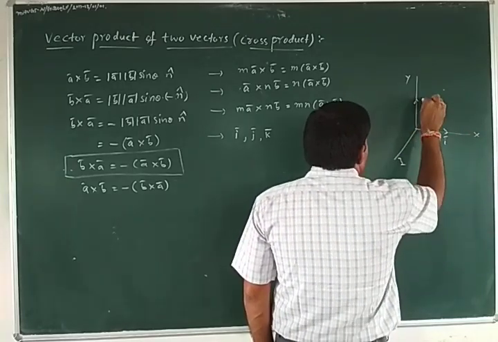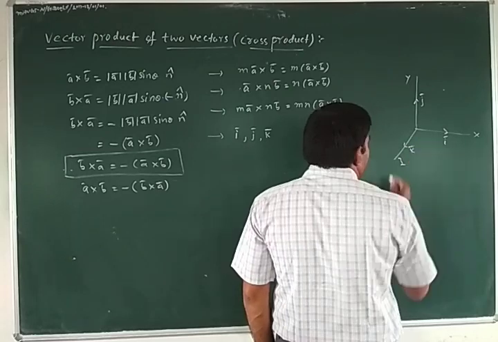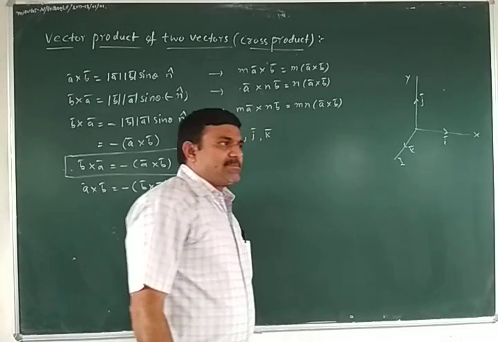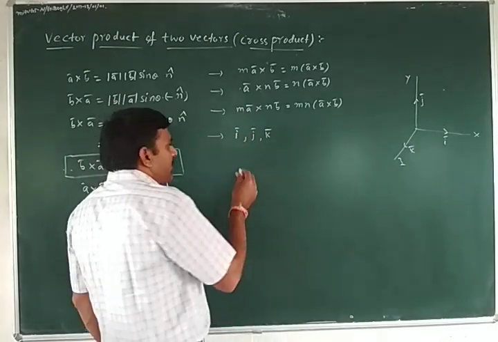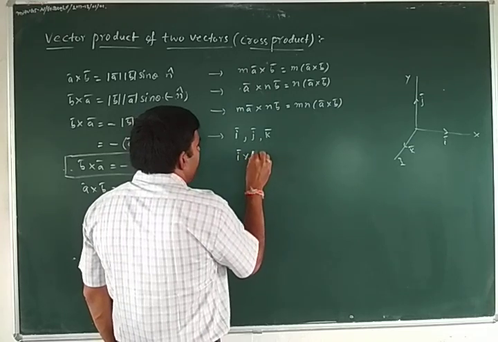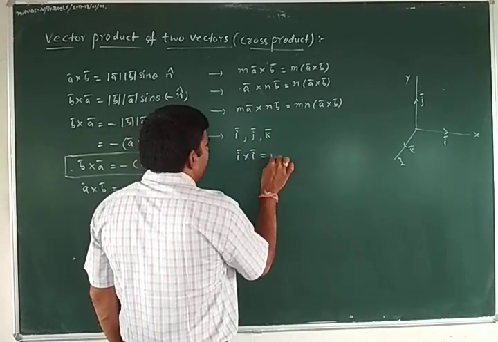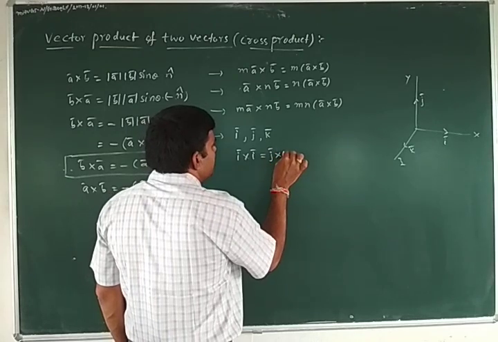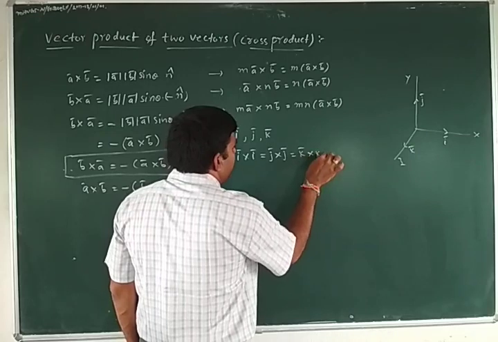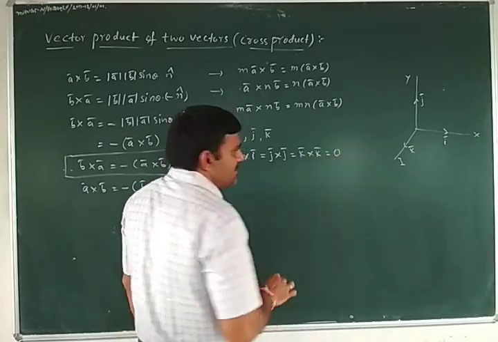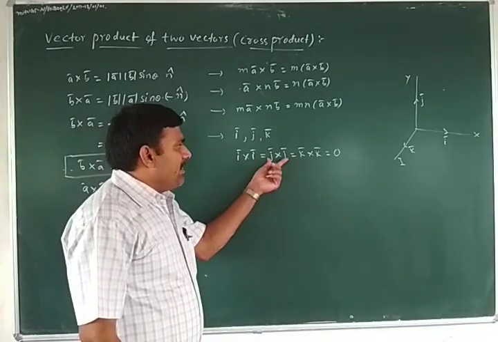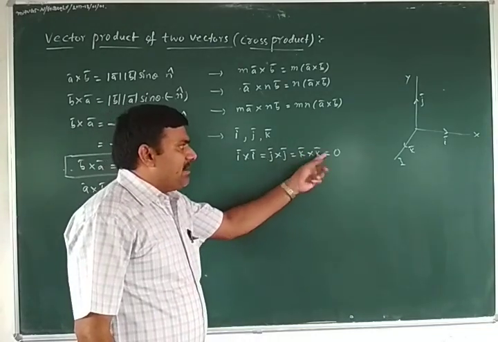Now from this, i bar cross i bar is equal to j bar cross j bar is equal to k bar cross k bar, and this value is 0. So i bar cross i bar, j bar cross j bar, k bar cross k bar is equal to 0.